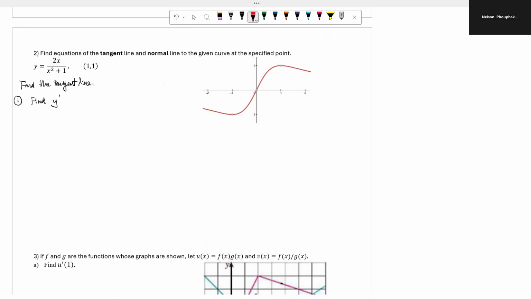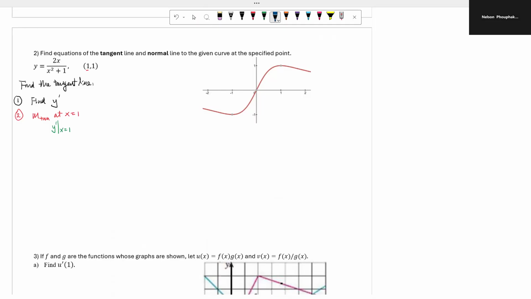And then I would like to find the slope of the tangent, in this case, at x equal to 1. Or we can use the notation y prime evaluated at x equal to 1 to find the slope of the tangent.